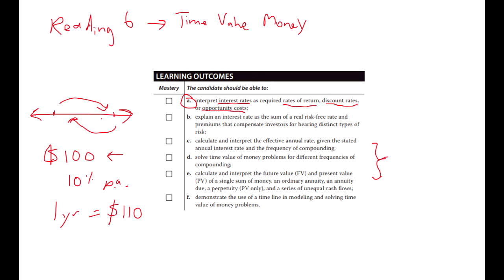And the reason why I received that interest is because I gave my money to the bank today. The bank could essentially do what it wanted with it, go and make investments or loan it out to other customers. And in exchange for me giving the bank that money to use over the course of a year, they gave me this interest payment of 10%.